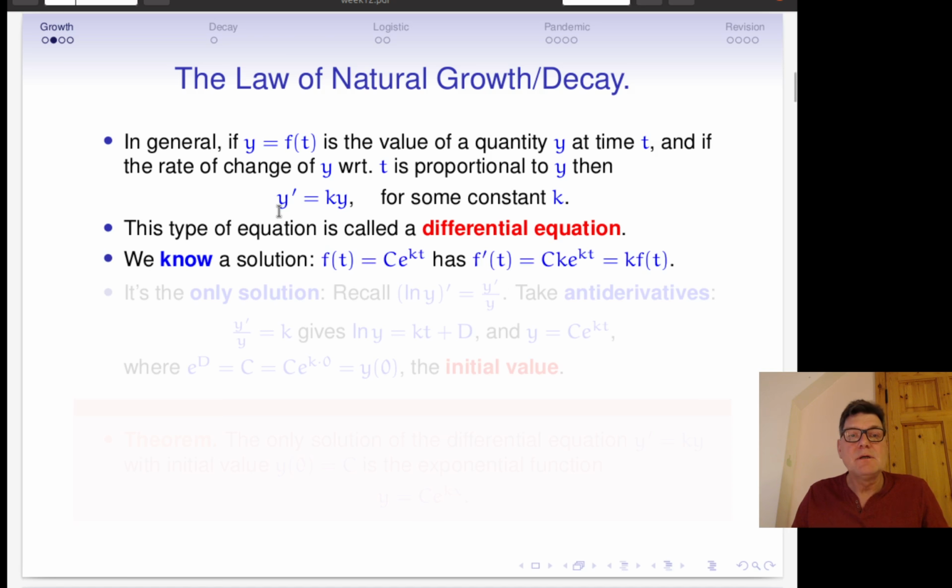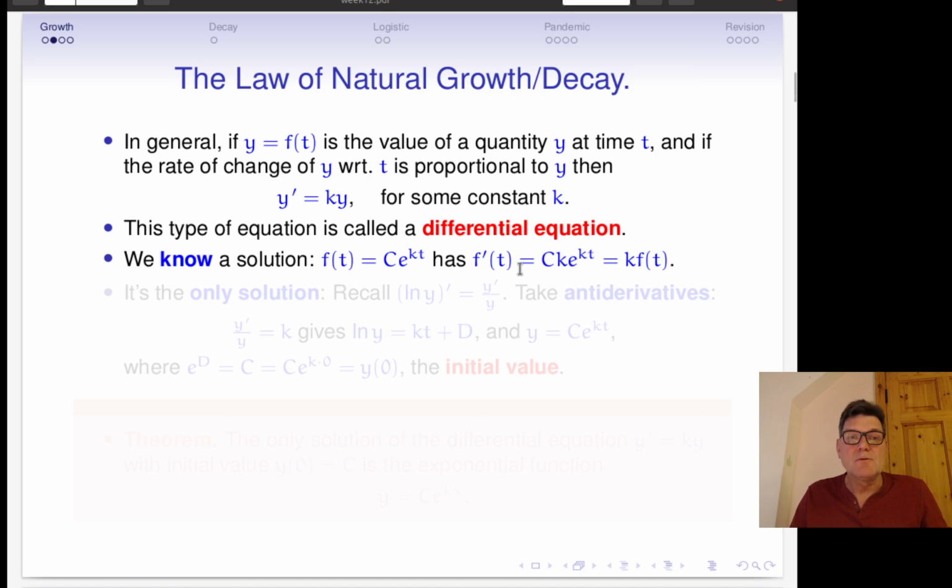More generally, we know that a function f of t described as some constant capital C times e to the power k times t has the property that, by the chain rule and all the differentiation rules we've seen, the derivative of this function f with respect to time t is c times k times e to the kt, which obviously is the k-fold multiple of the original f of t.